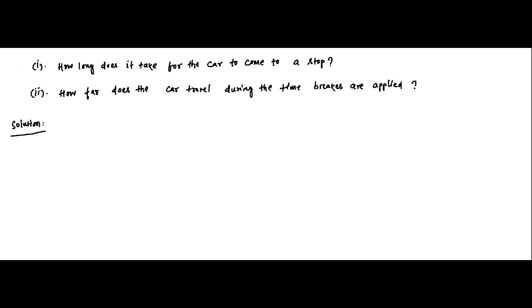So let us say this whole situation, a car is traveling with a velocity of 30 meter per second. It is traveling and reaches this spot here. And here, for a particular reason, the brakes are applied. At this moment also the velocity is 30 meter per second.